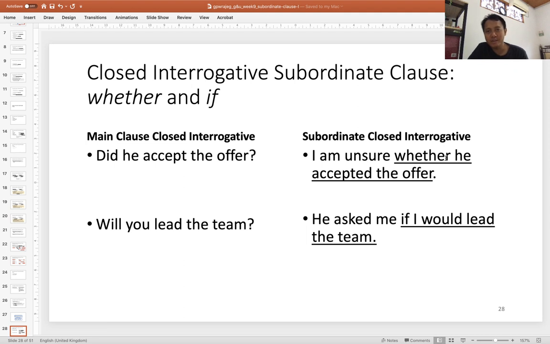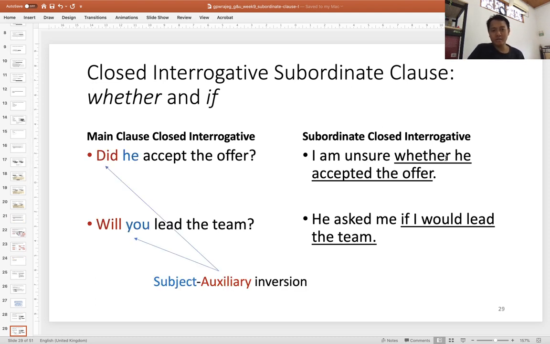That's not working. "Will you lead the team?" is another example. So you can add that as a subordinate clause in the complex clause, such as "he asked me if I would lead the team." Or, "he asked me whether I would lead the team." As I've said before, the key difference of interrogative in the main clause is that there is subject-auxiliary inversion.